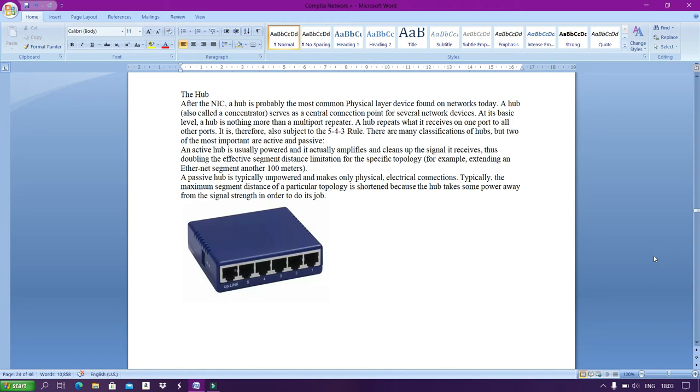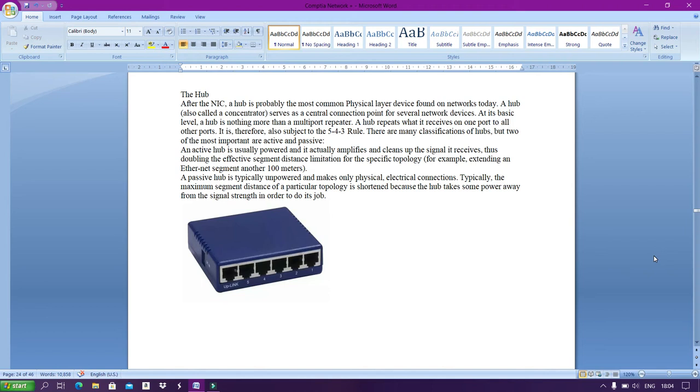There are many classifications of hubs, but two of the most important are active and passive. An active hub is usually powered, and it actually amplifies and cleans up the signal it receives, thus doubling the effective segment distance limitation for the specific topology.